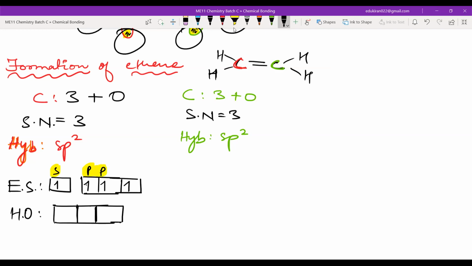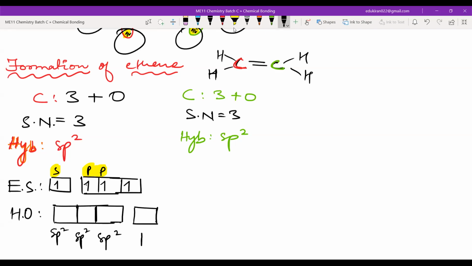And how many atomic orbitals are taking part in hybridization? 3. So how many hybrid orbitals will be formed? 3, and all of these hybrid orbitals will be sp2. Now, what about this p orbital? This p orbital will be a pure p orbital.